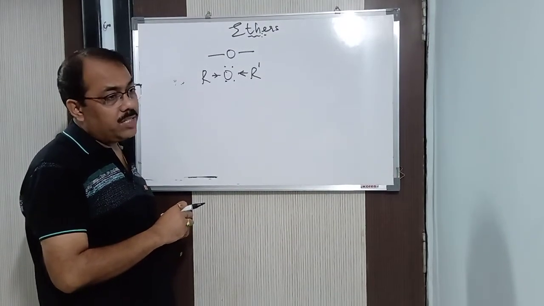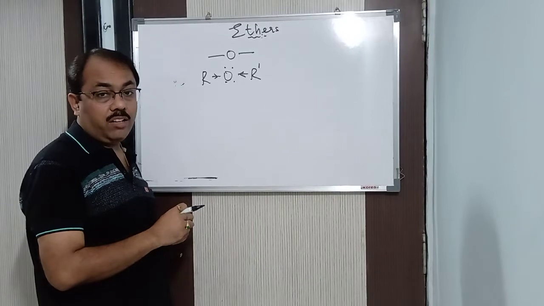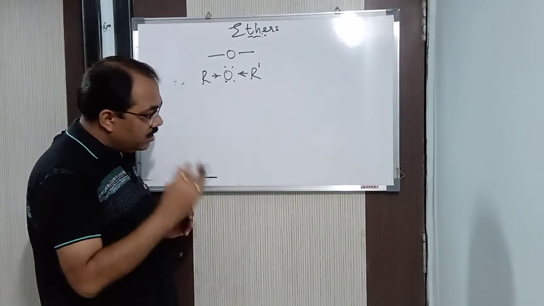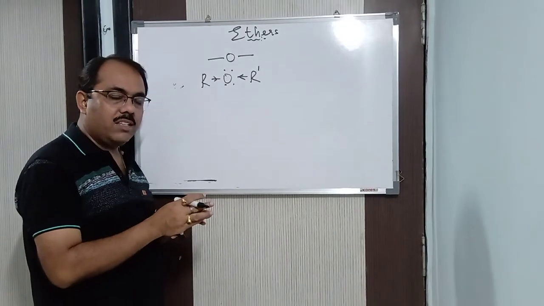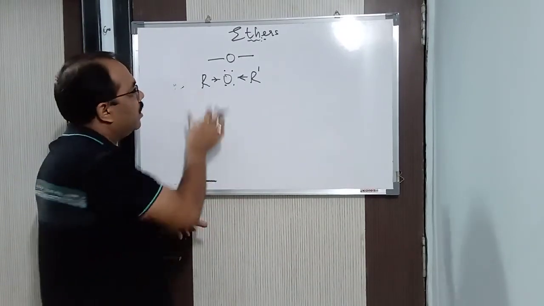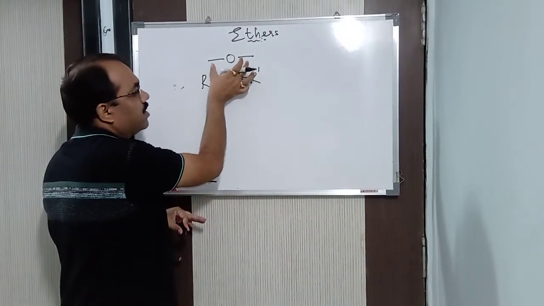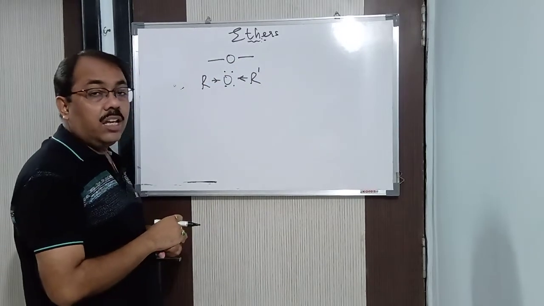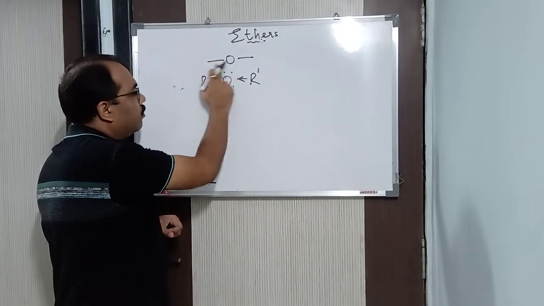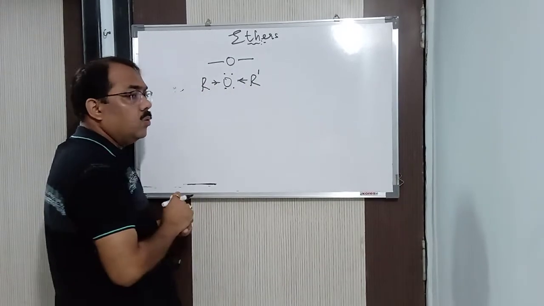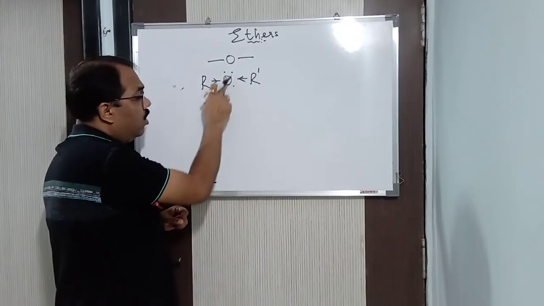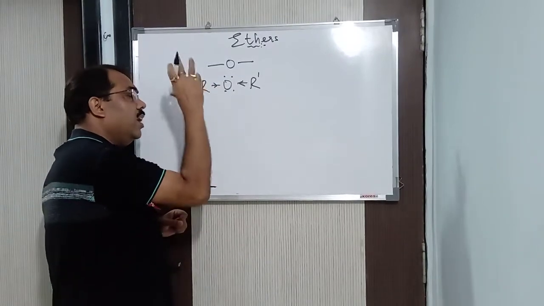Now you may say that if it is unstable, it should be more reactive. See, unstable means if the reactants react and if it is unstable, then it is more reactive. But here what you find is that this group is inert in nature, because the alkyl group, the donor, gives electrons to this oxygen, which is already electron rich.